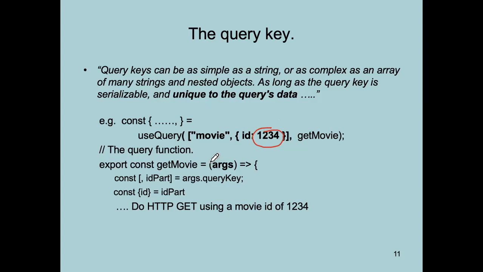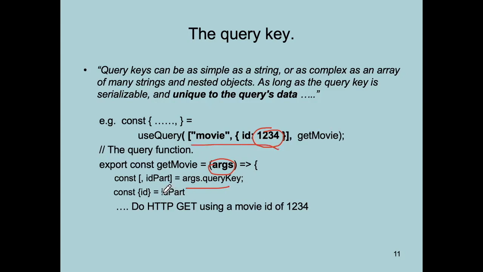And that's what I'm trying to get across here. So the query function, by default, takes a single argument. And all I'm doing in my code is using destructuring. So args.query, well, sorry, slight misinformation there. Args is not bound to this here. Args is bound to an object, and one property within that object is the query key property. So args.query key, that expression is going to be referring to this data structure here.